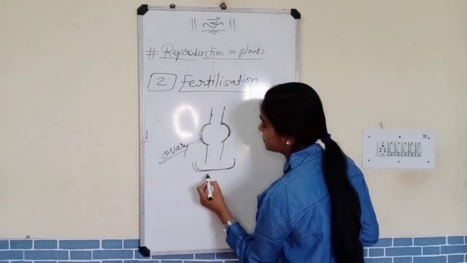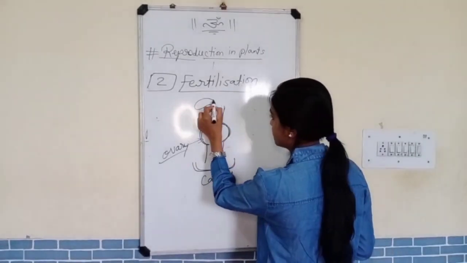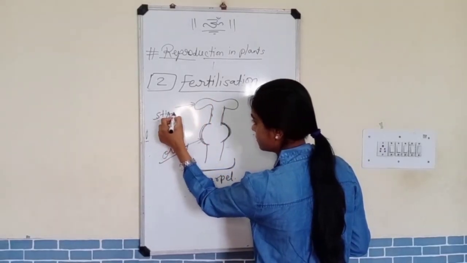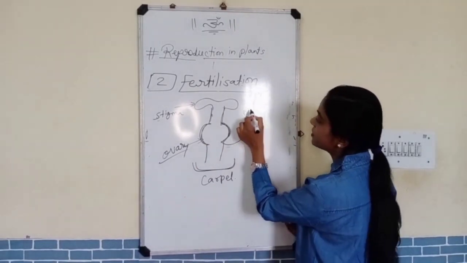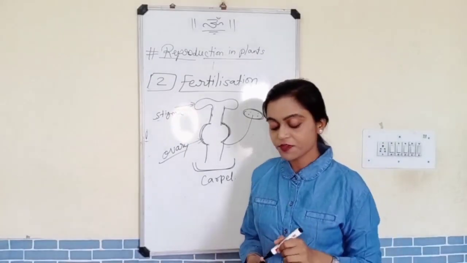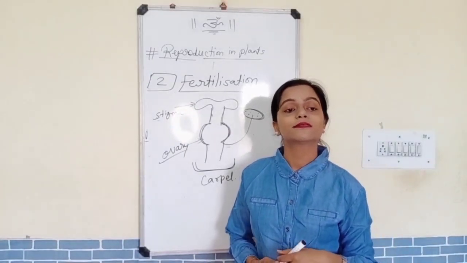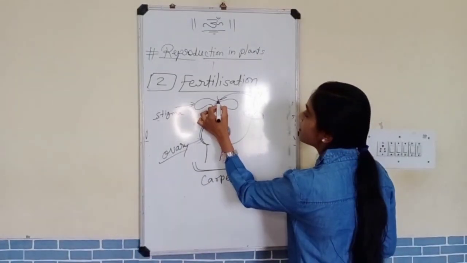This part is the carpel. Above that, the stigma. The stamen, anther, pollen grains. So in the pollination process, what have we learned? Very good. The transfer of pollen grains to the stigma is called pollination.